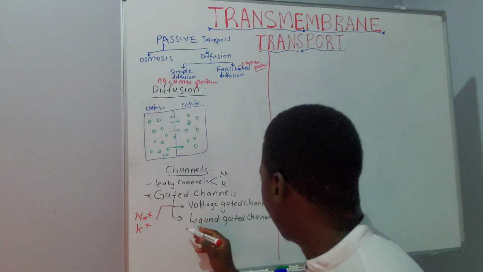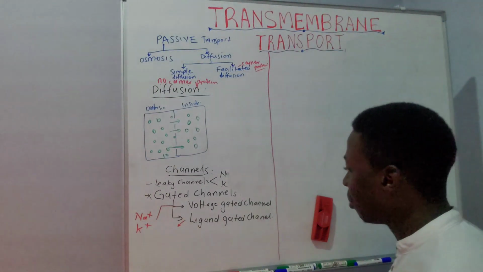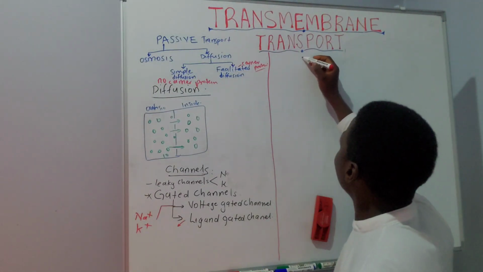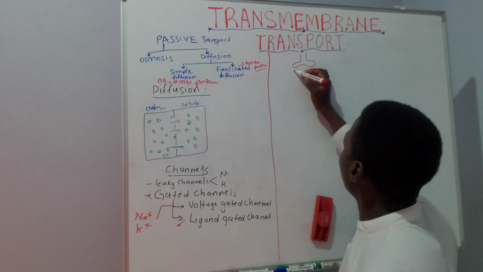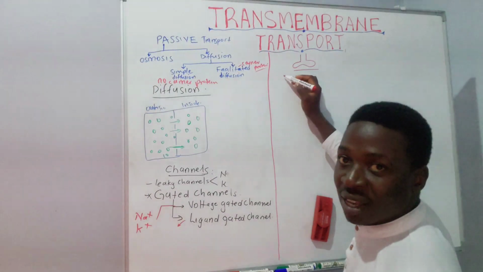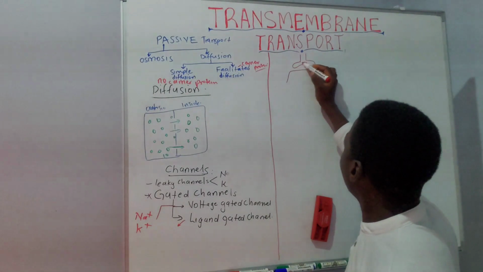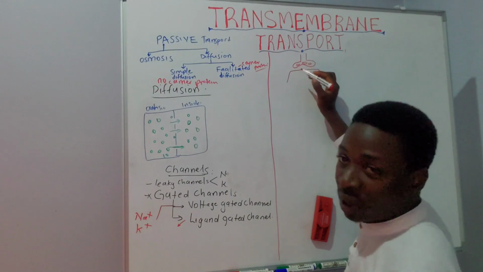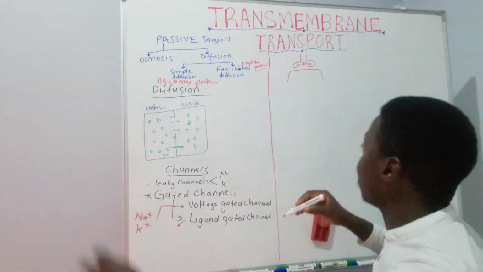And for the ligand gated channels, a very good example is the acetylcholine channel at the neuromuscular junction. We shall look at this in our subsequent videos on excitable tissues.